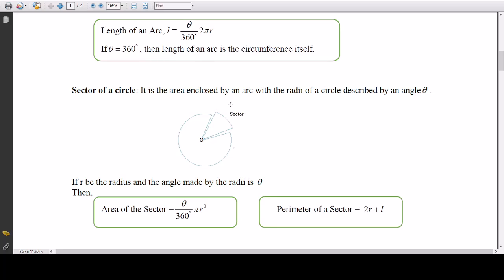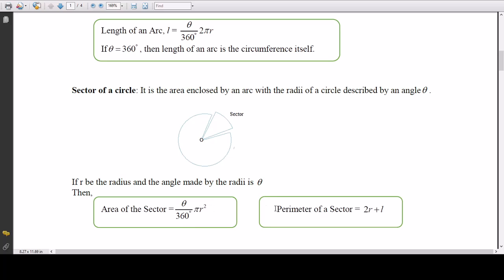Arc is a part of the circumference, but sector is a part of the area of the circle. The same thing here: if you put theta as 360, then you will have pi r square only, which is the area of the circle.